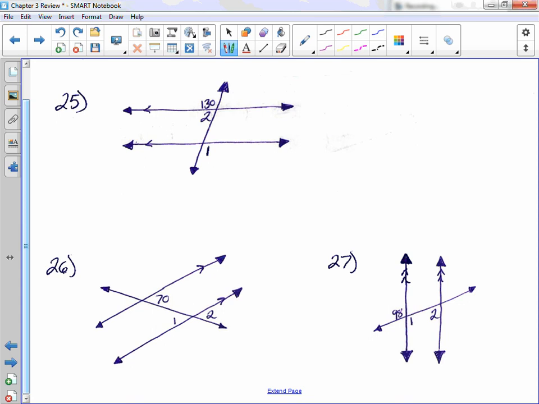So looking at this here, well, 130 and angle 1 are alternate exterior angles. And alternate exterior angles are what? Congruent. So the measure of angle 1 is 130 degrees because they're going to be the same. What do we know about 130 degrees and angle 2?